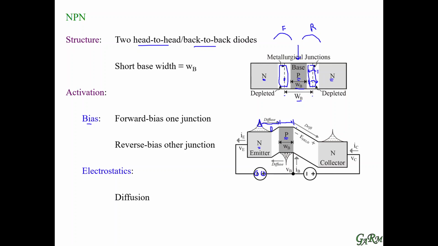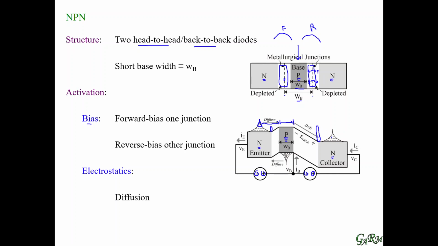Now at the other end is where we apply the reverse bias to the other junction. So we're going to apply a positive voltage to the N-type region with respect to the P-type region against which the PN junction is connected. Applying a reverse bias actually increases the field barrier.